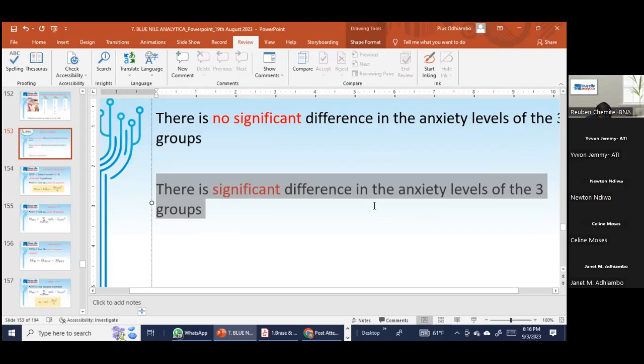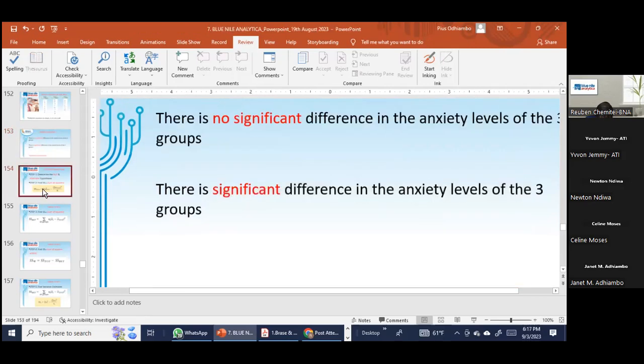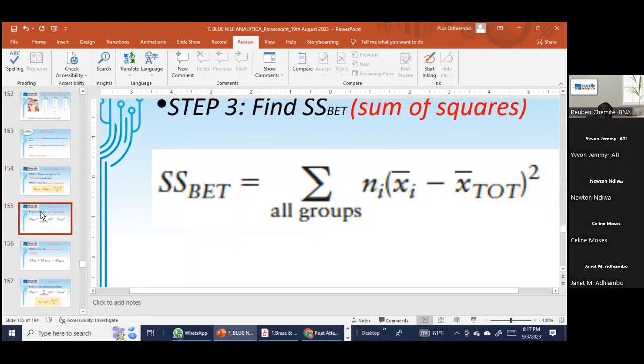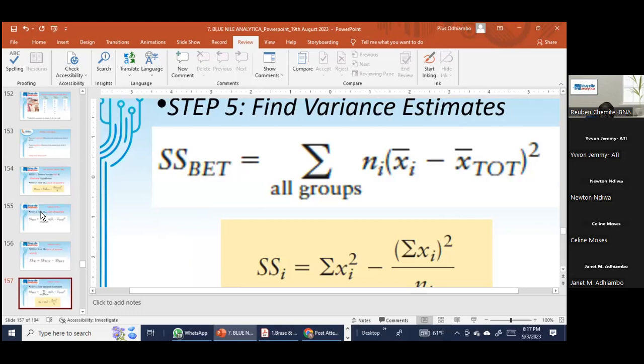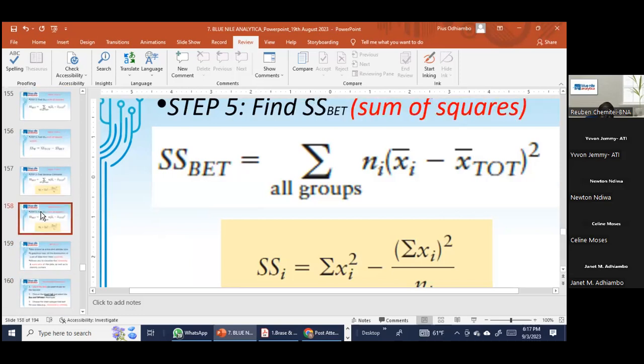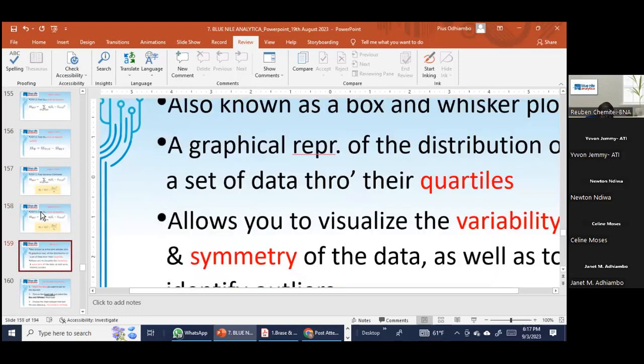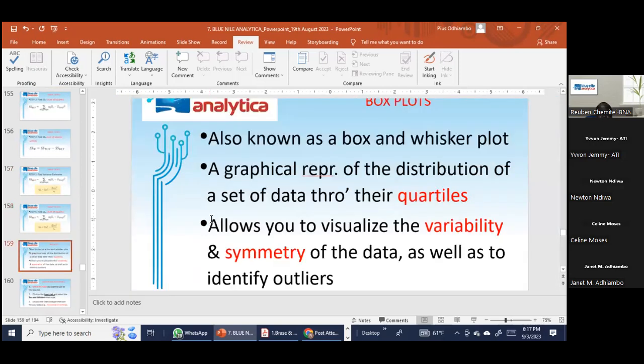I want to believe that is sufficient to explain what ANOVA is. Remember, ANOVA has 6 steps, and because you are going to use Excel, those steps have been skipped. It would probably require a theoretical class to cover that.